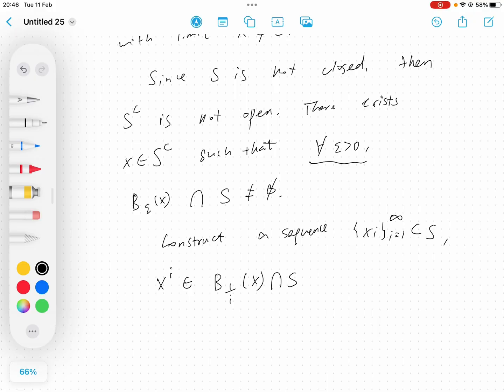Here that is a subset of S, and each of those xi would be an element of the intersection of S with such a ball, with center x and radius 1 over i. Here this i goes from 1 and so on.